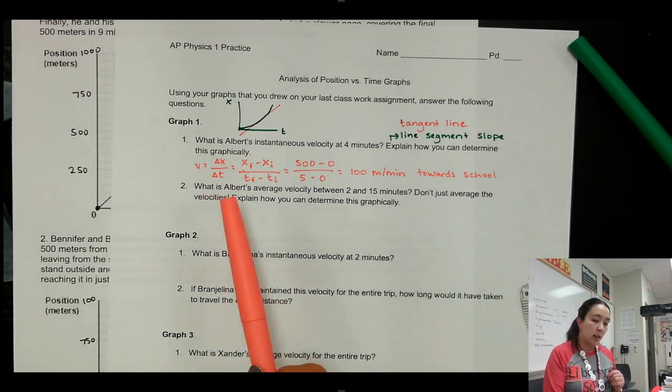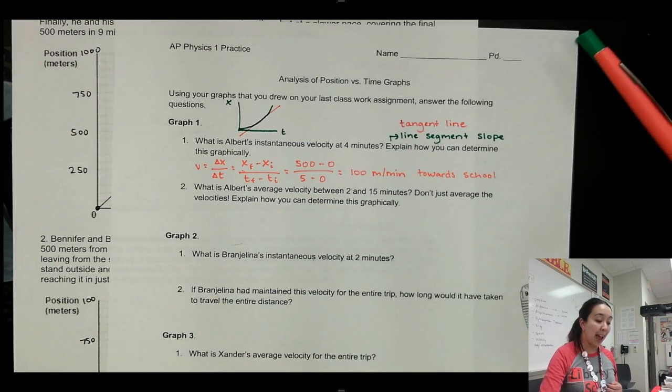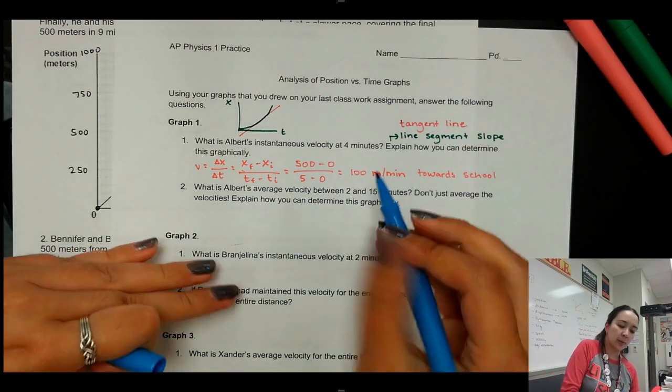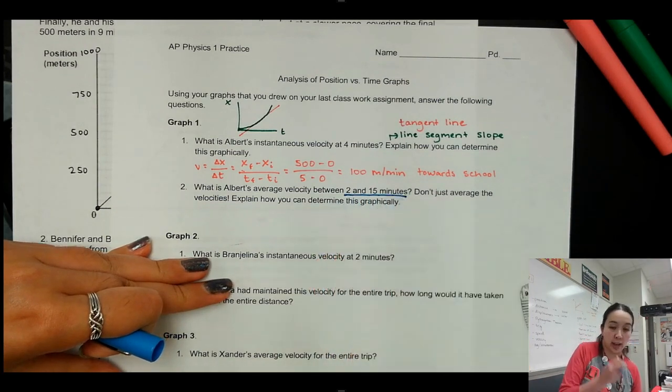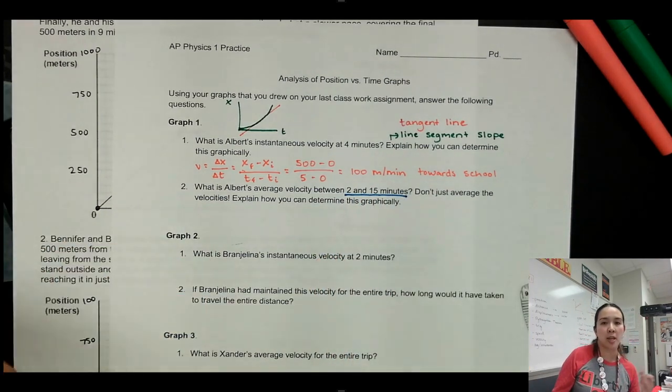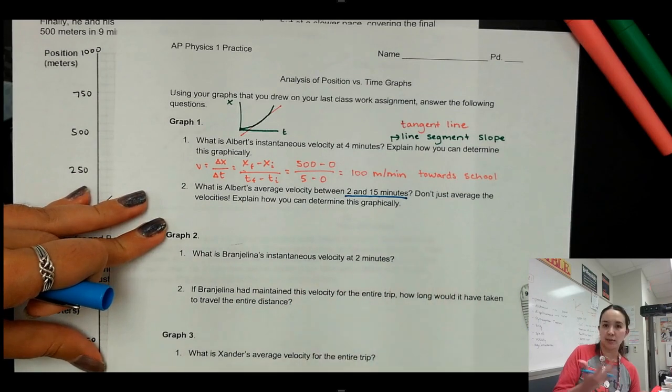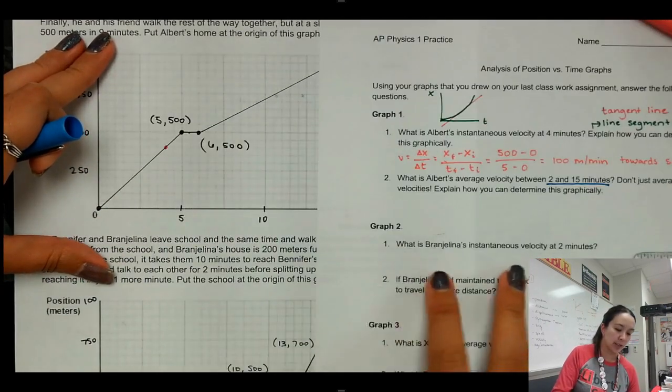Question number 2 is asking us about average velocity. With average velocity, it gives us a specific time range to look at, from time equals 2 to time equals 15. We can't just average the velocity. Graphically, this is actually pretty significant, so let's take a look at what's going on.